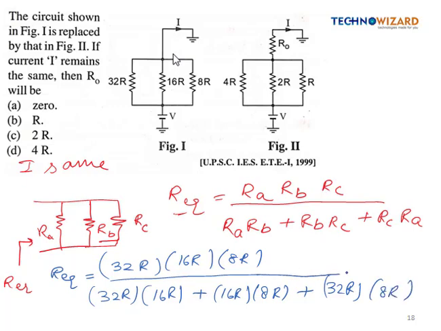Now we can simplify this equation. R equivalent is equal to 32 into 16 into 8 into R cubed.